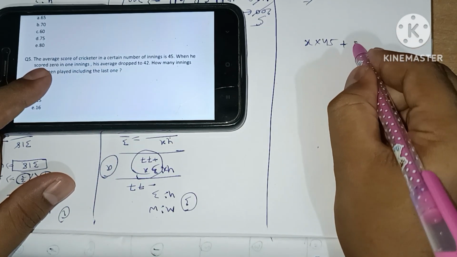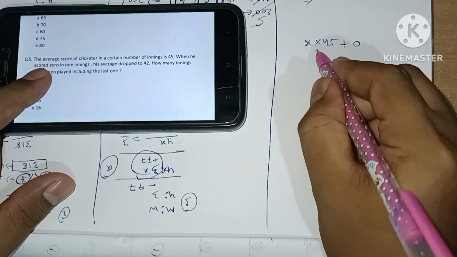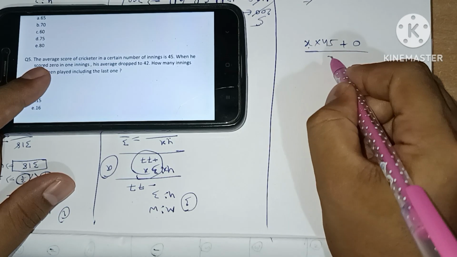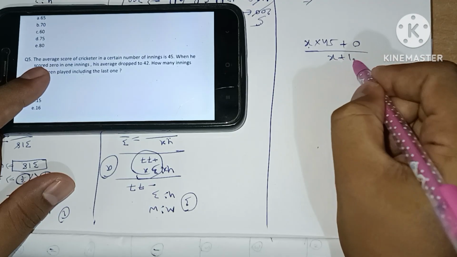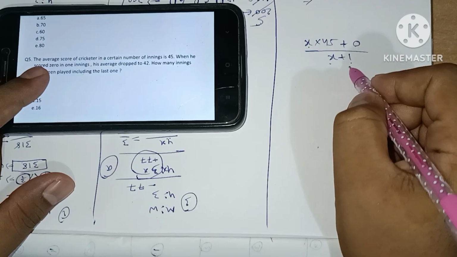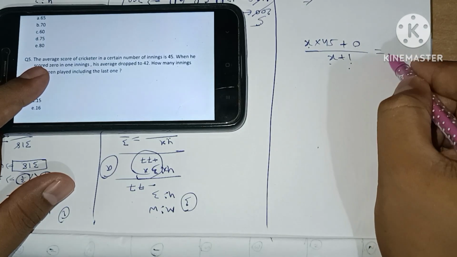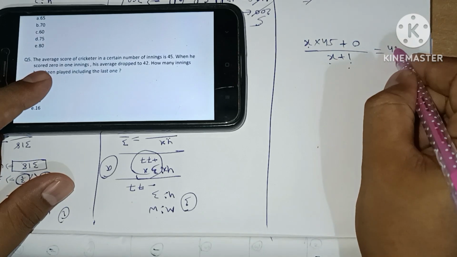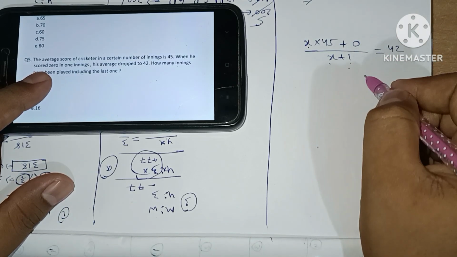Now the total innings are the initial X and one more, so X plus 1 is the total number of innings. Total score divided by the total number of innings equals the average. Average becomes 42. So this is the question that is asked.